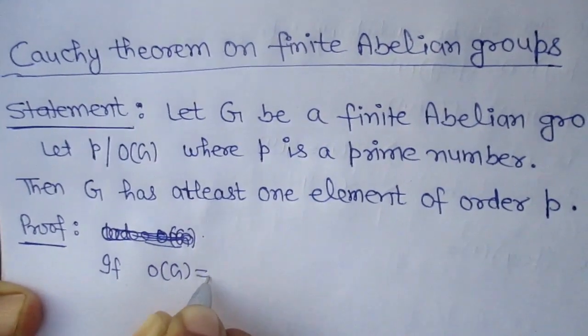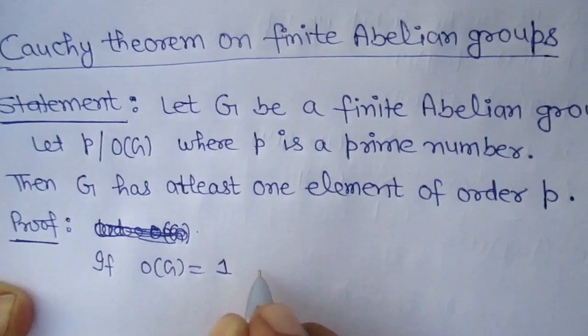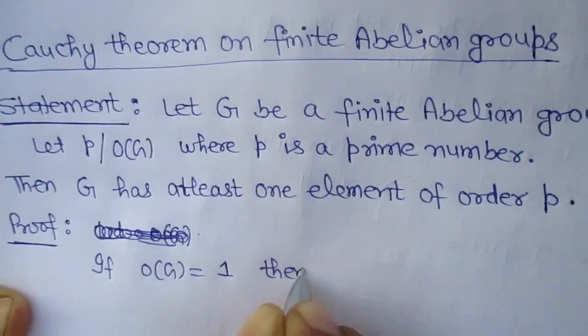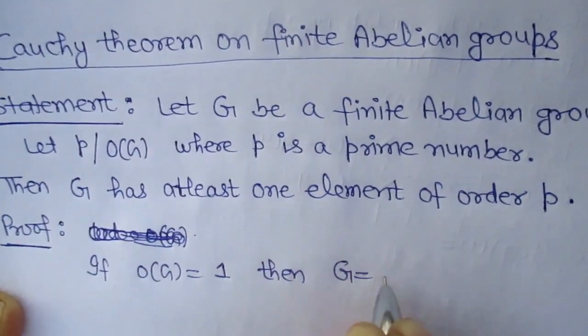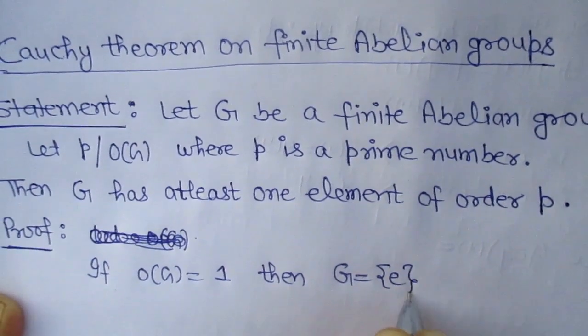If order of G is equal to 1, then G is equal to the identity group.